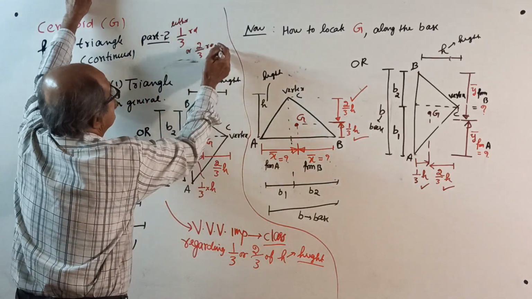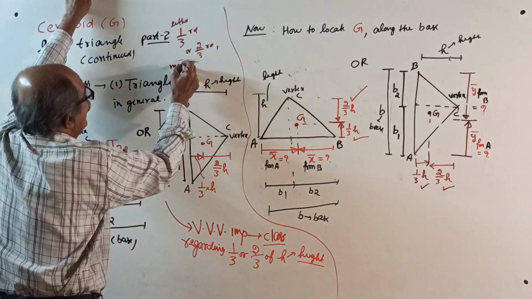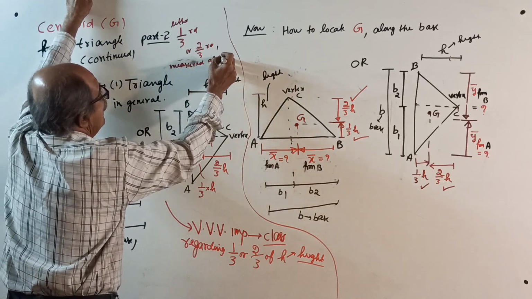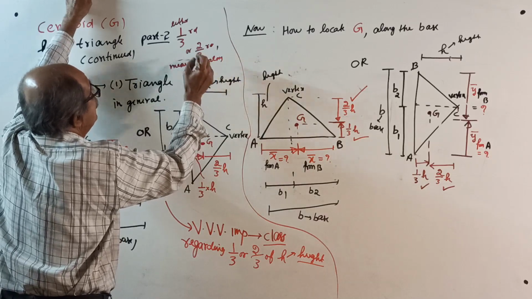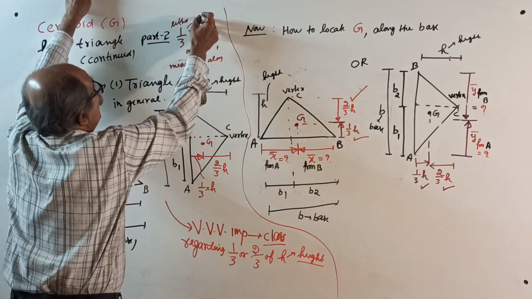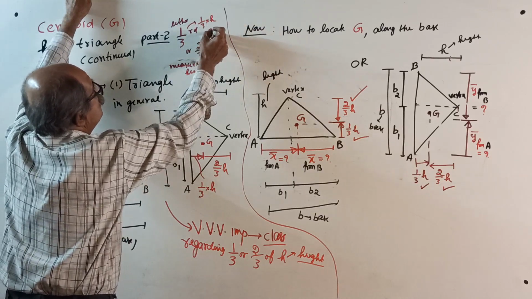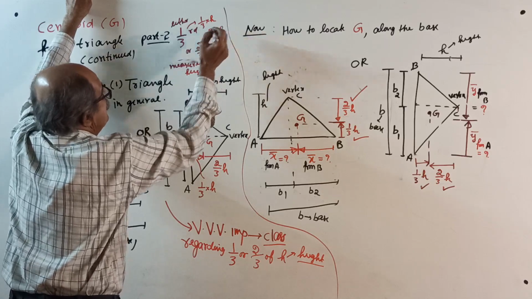One third, measured along the height. Very important: measured along the height. That is, the answer is 1/3 of height or 2/3 of height.